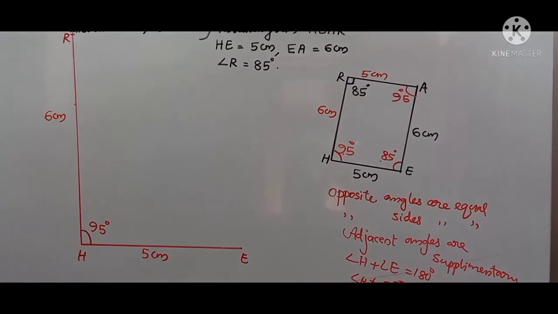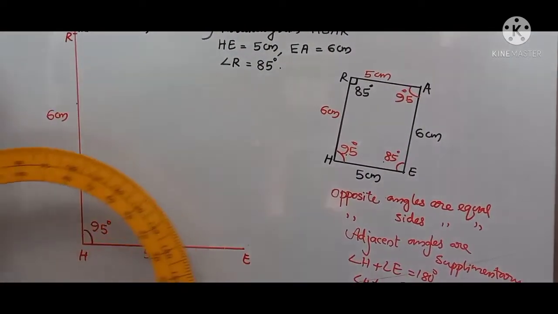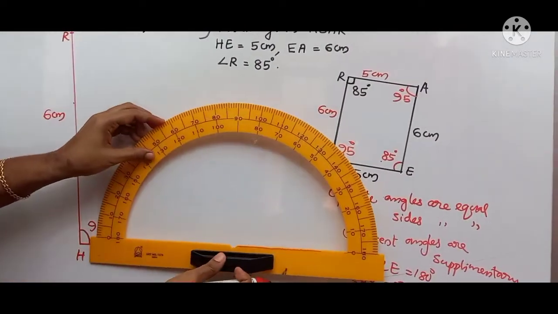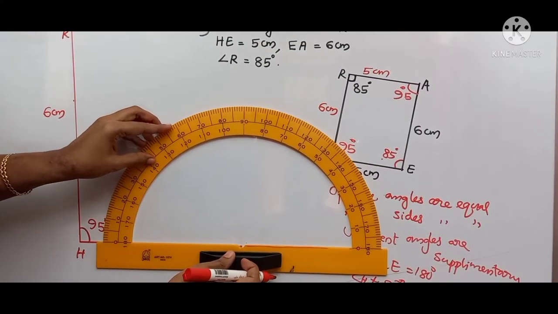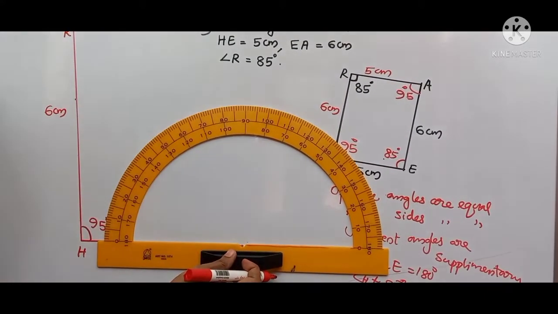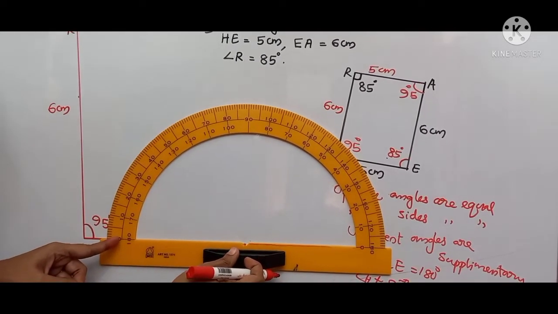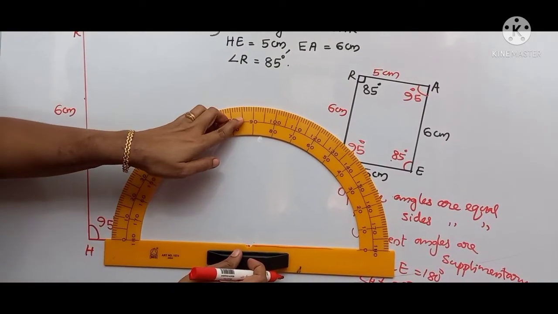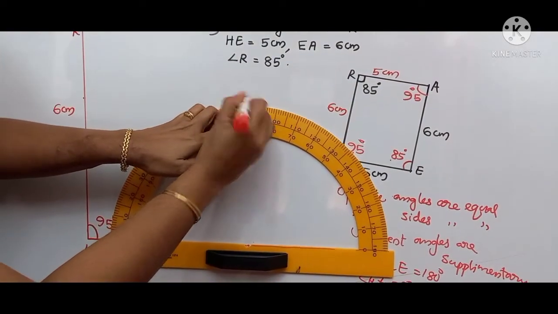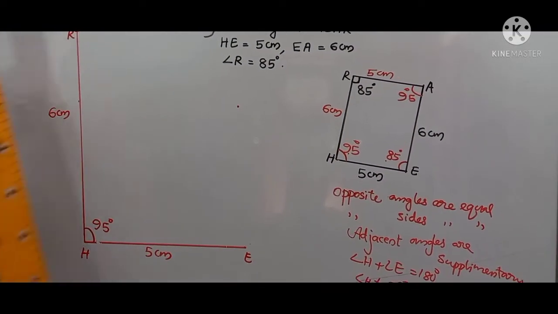Then we can draw the 85 degree angle E. So we are placing our protractor this way, and we have to measure 85 degree, and this 0 we have to consider. Here this is 0, then from here 85 degree, this is 80 and this is 85 degree. Put a point here, remove our protractor and join these points.